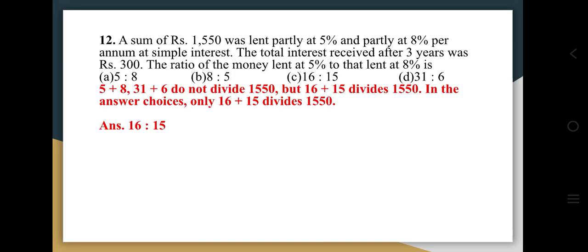16 is to 15: 16 plus 15 is 31, and 31 divides 1550. So we have to eliminate the other choice also. The remaining choice is 31 is to 6. So 31 plus 6 is 37, but 37 does not divide 1550.